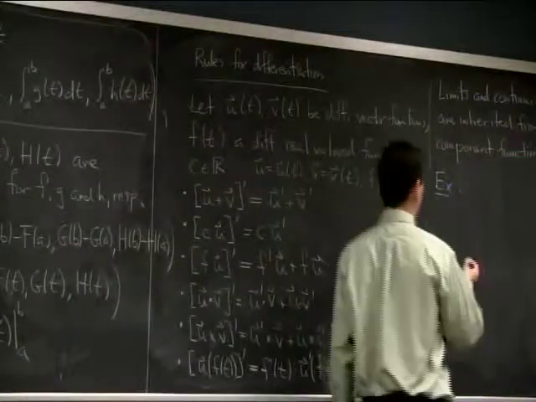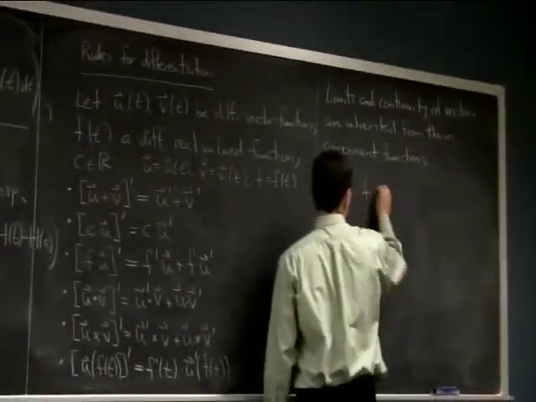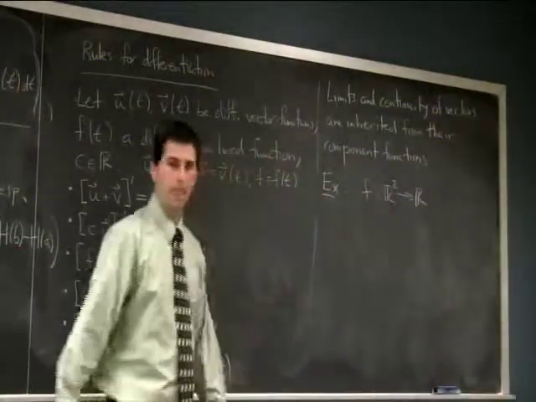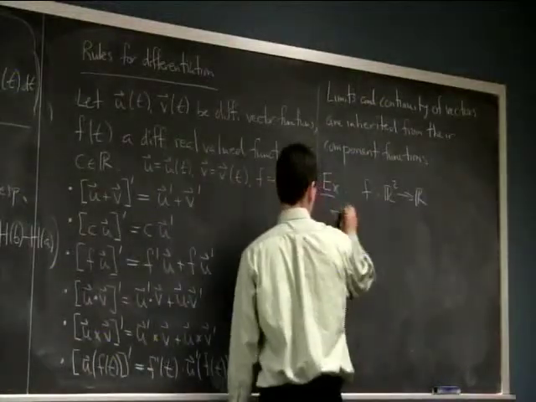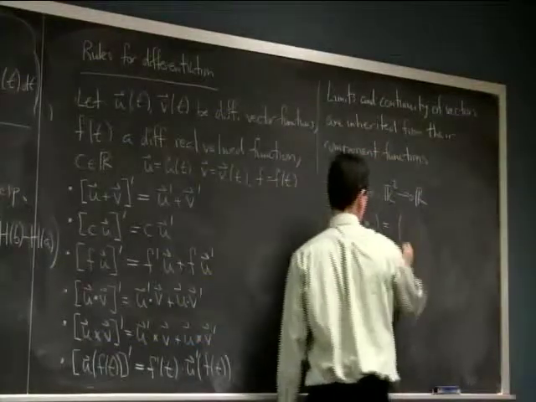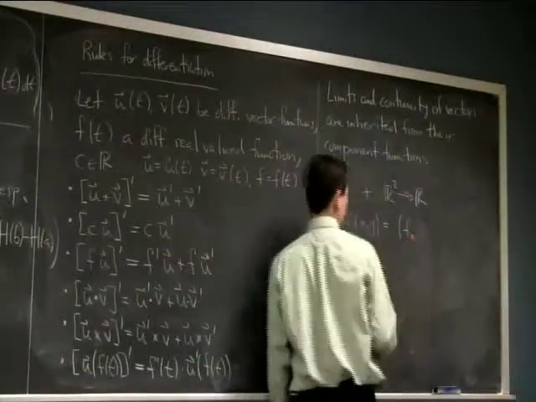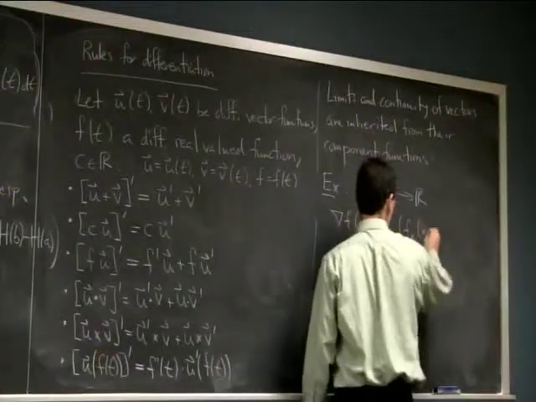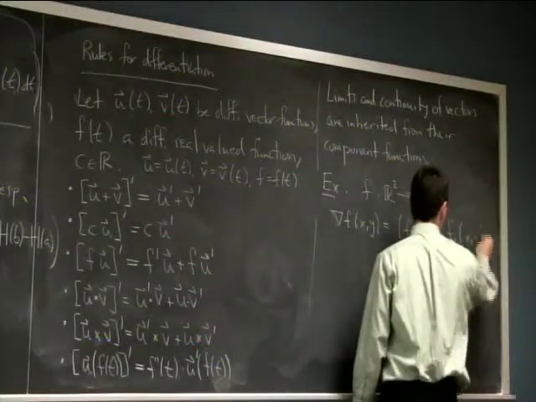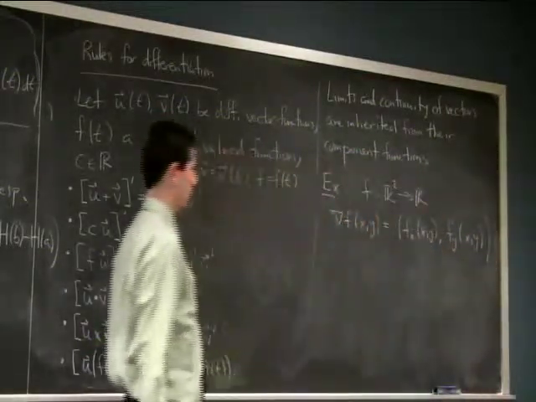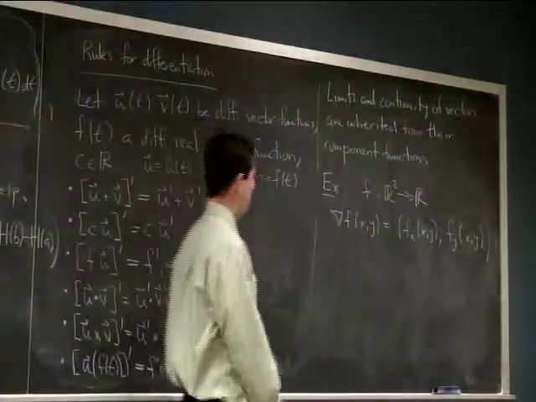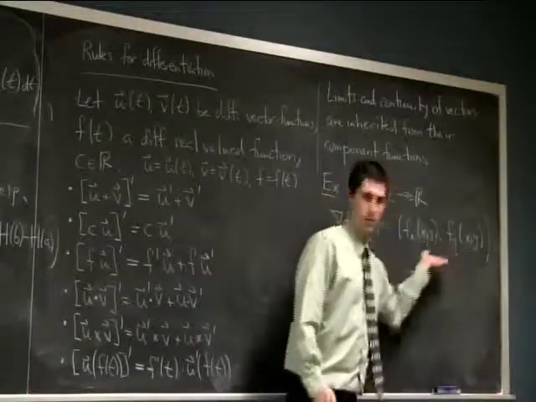So remember, let's say you had a function f, a scalar function, just on R2, to make it easy. We defined nabla f of x comma y as the partial derivative of f with respect to x at x comma y, comma the partial derivative of f with respect to y at x comma y. So we're actually spitting out a vector here.